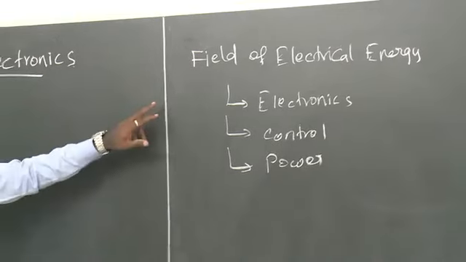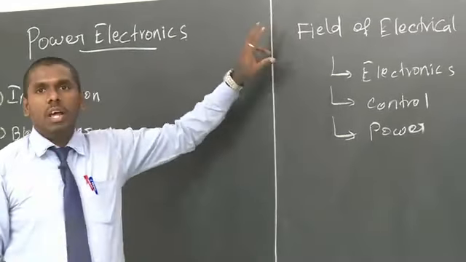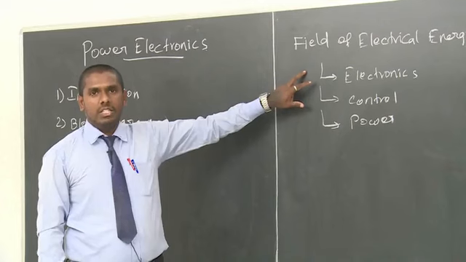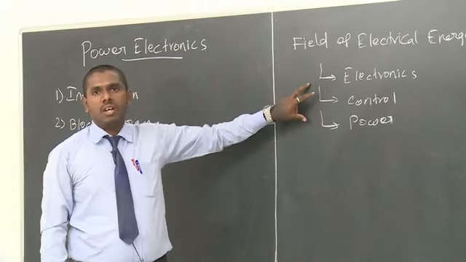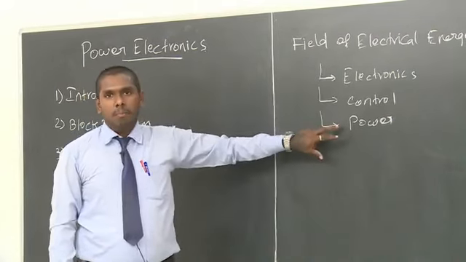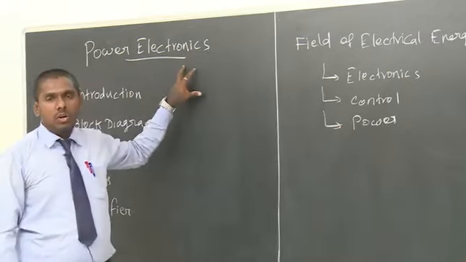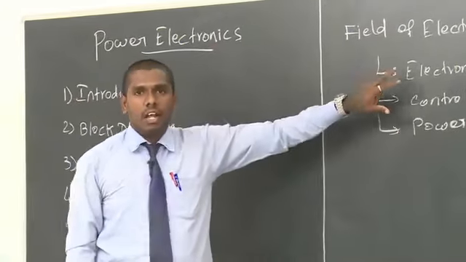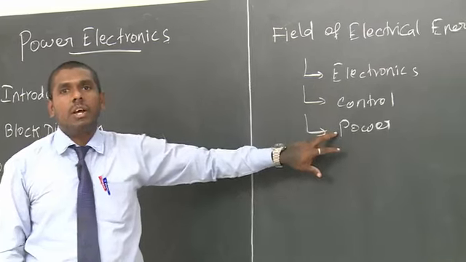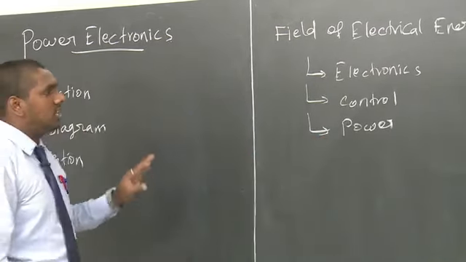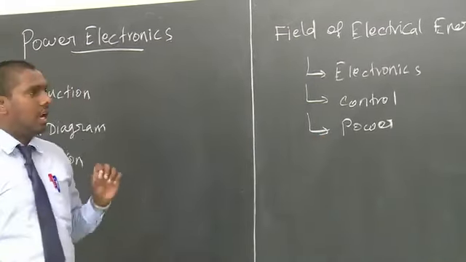Based on these three parts, the whole of electrical energy is combined. So in this part we will take electronics and power. Power electronics is partially electronics and partially power. So this is the general basics of electronics.